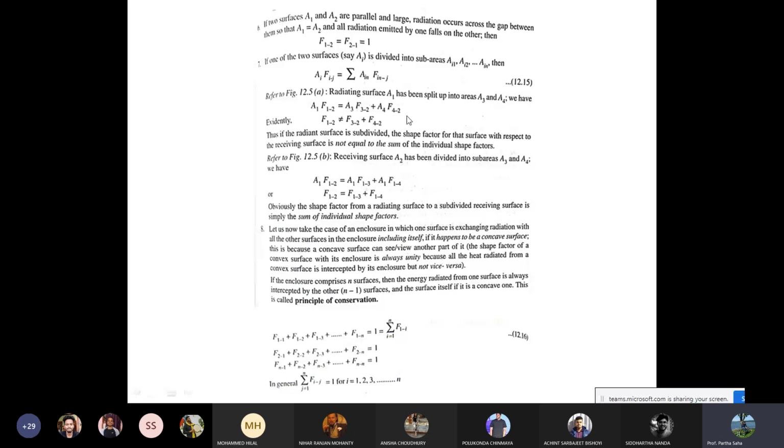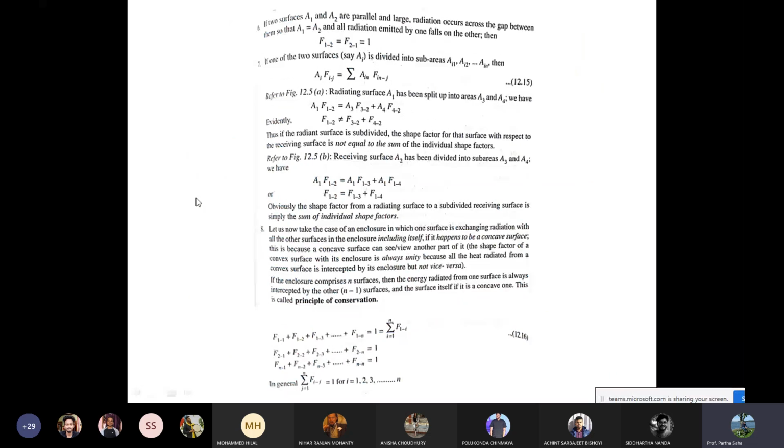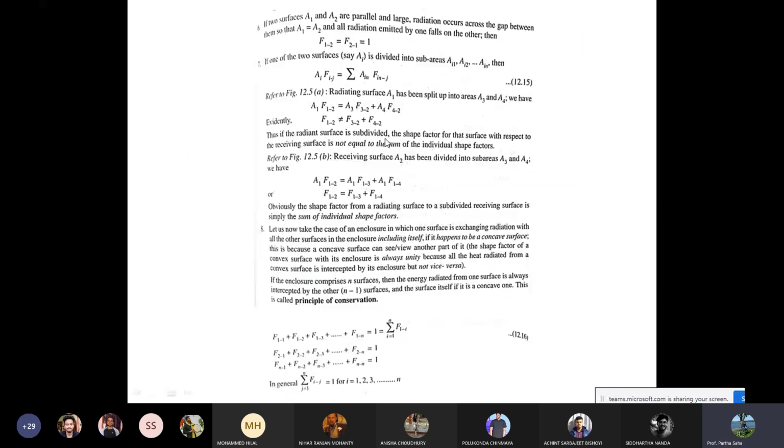The radiation from surface A1 has been split into area A3 and A4. So the original A1 F12, which is falling on 2, can be divided into A3 F32 and A4 F42. But remember that F12 is not equal to F32 plus F42. It's not the summation, okay?